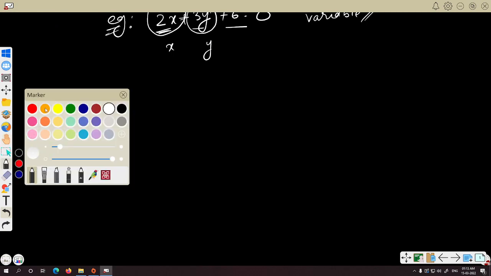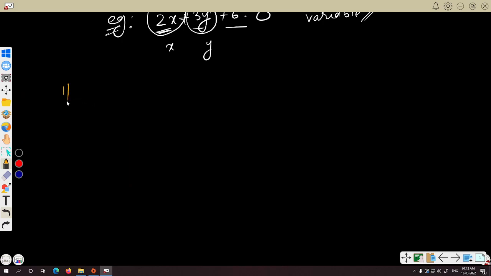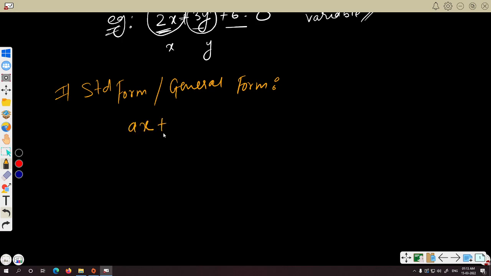Let me change the color. Next basic topic is standard form. We even call this general form. Now how do we write the general or the standard form for a linear equation in two variables? It is given by ax plus by plus c is equal to 0. Now in this general equation, observe you have two variables x and y, and if I talk about the alphabets a, b and c, these are all real numbers.